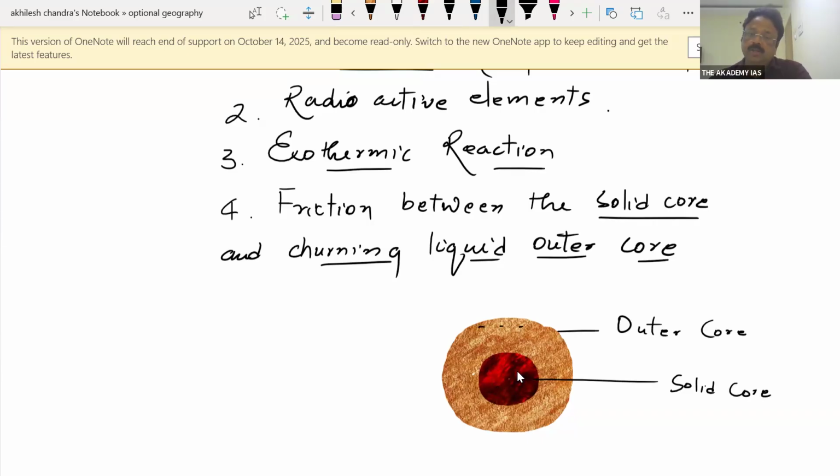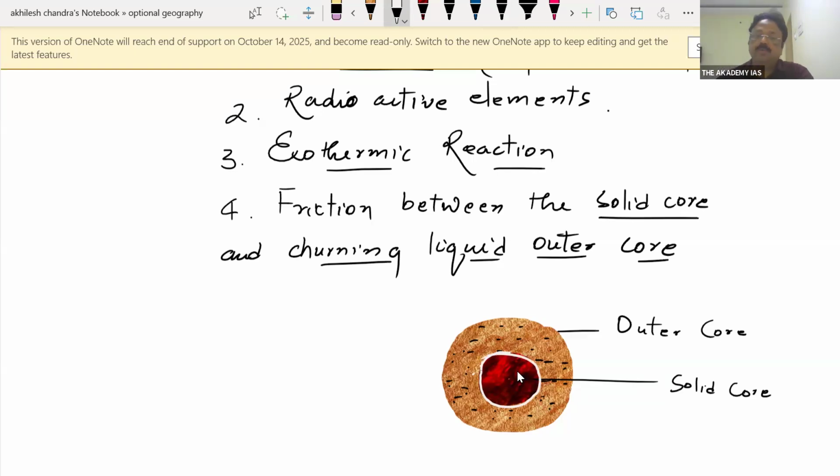And due to the rotation of Earth, the outer core is continuously moving. And due to this movement near the interface, try to see the interface. This is the interface where continuous friction is there.